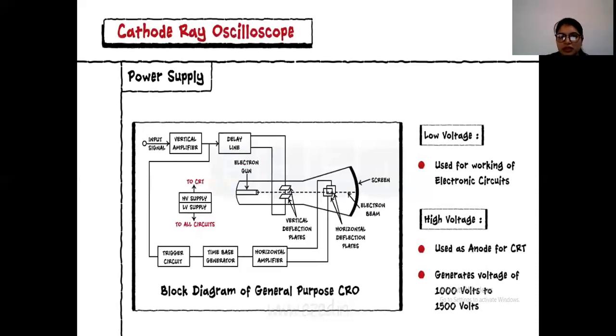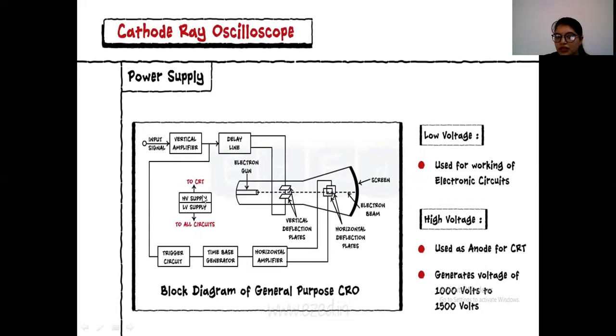Now this is the power supply section, which is HV supply and LV supply, high voltage and low voltage. Low voltage supply will be provided to all the circuits, whereas high voltage supply will be provided to this CRT.